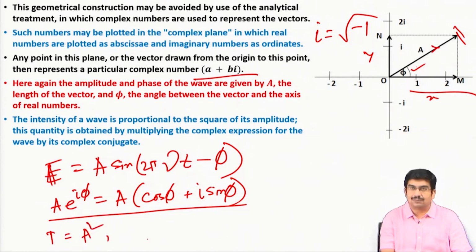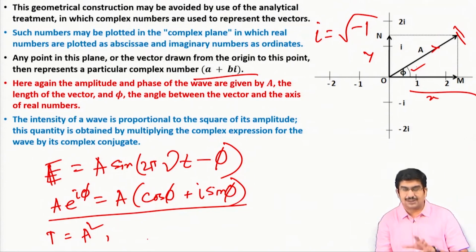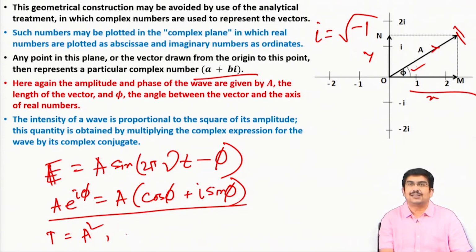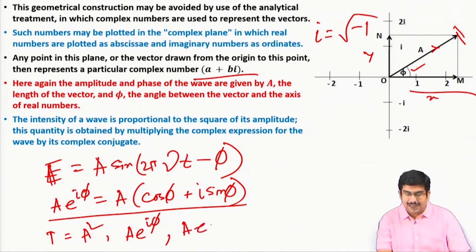So, we can get the intensity of any wave just by multiplying this wave by its complex conjugate. So, what do you mean by complex conjugate? Basically, if any wave is expressed by this, then its complex conjugate will be A e minus i phi.